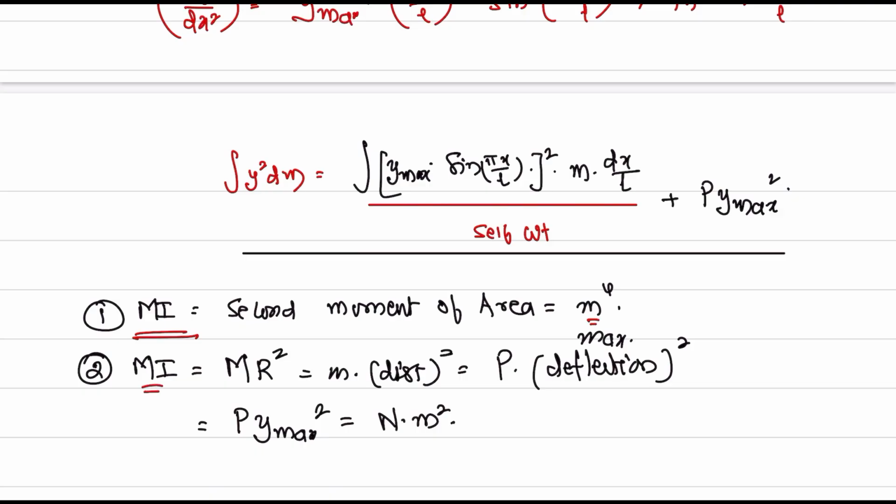Another moment of inertia, on the basis of mass, is called moment of mass, we can rather say second moment of mass.